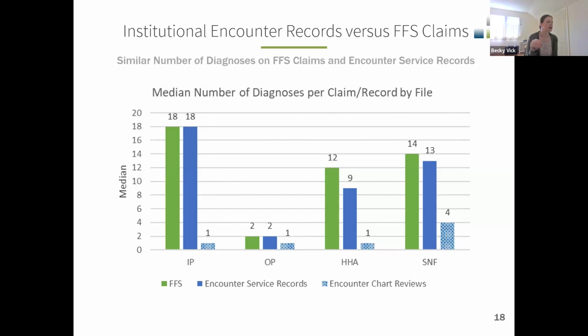They're intended just to add or delete diagnoses. They're not intended to completely replicate previously submitted records. So that's why the median is much lower compared to service records. But you can see that it's pretty similar from fee for service and encounter when it comes to service records, with the exception of home health. That could be because of the billing scheme differences again.